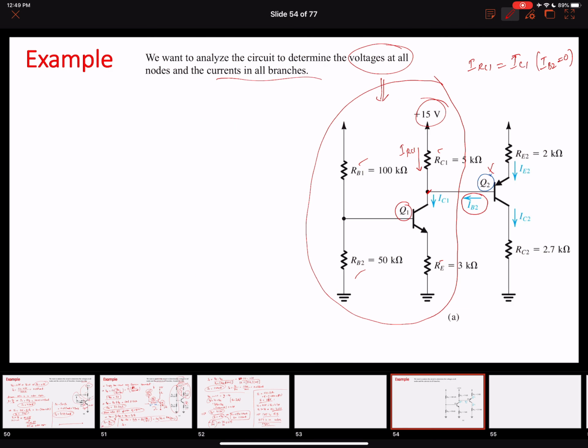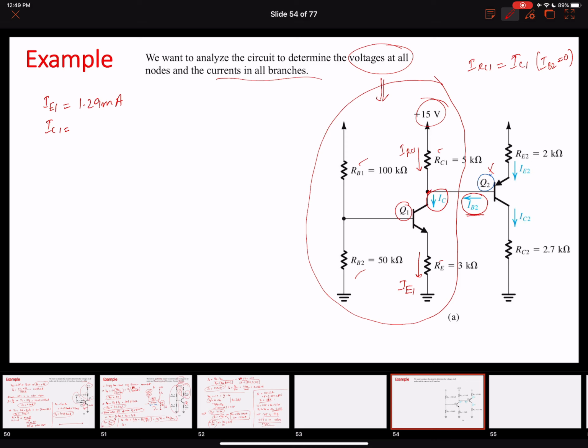All right. So our emitter current, IE1, was 1.29 milliamperes, right? So this is our IE1 now, and then we have our collector current IC1. So this was IC1.